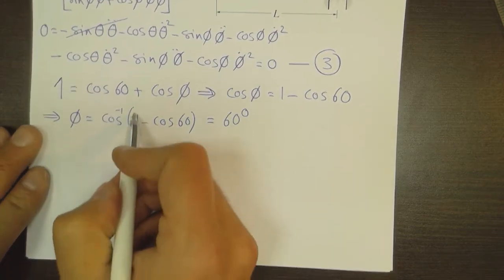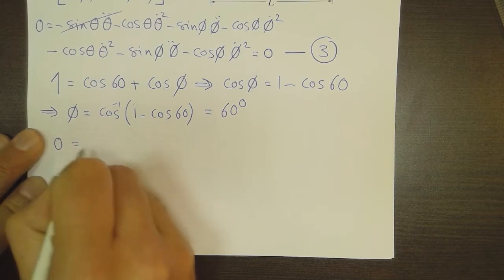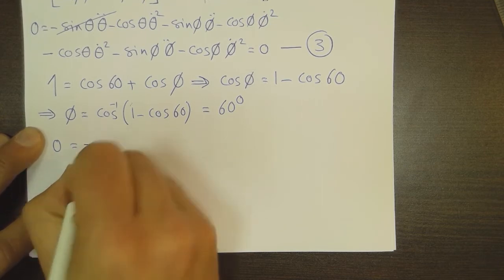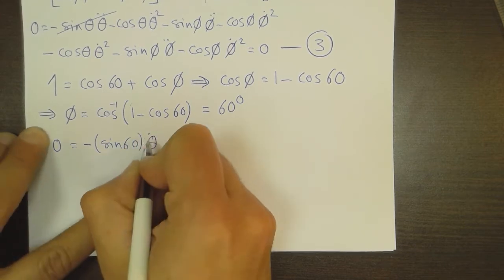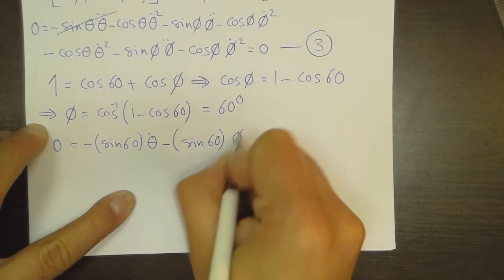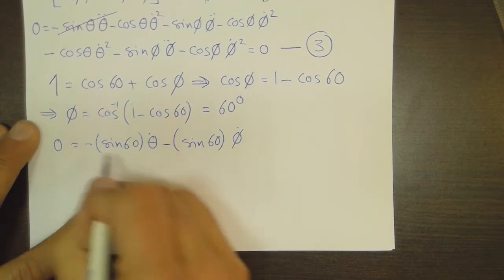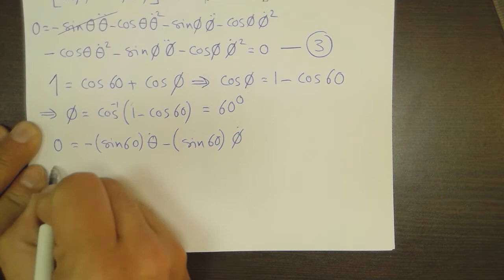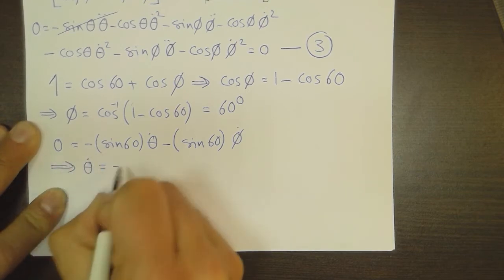From equation number 2 we can write 0 equal to minus sine 60 theta dot minus sine 60 times phi dot, and cancelling this gives us theta dot equal to minus phi dot.